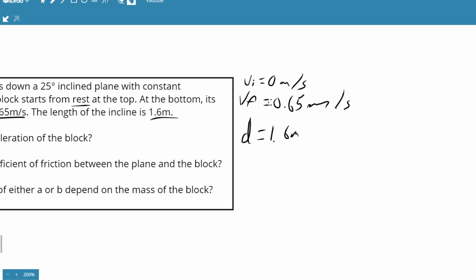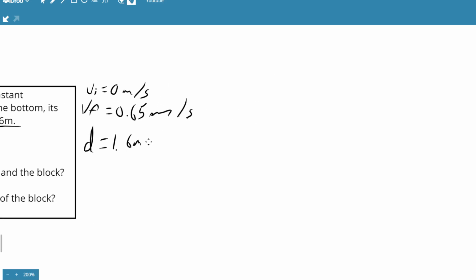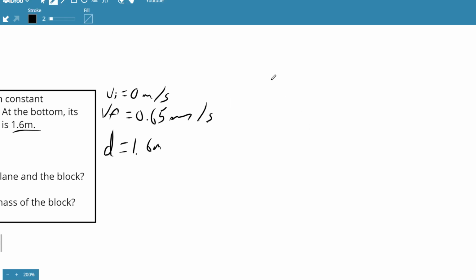So if we have Vi and Vf, we need to use the one kinematic formula, Vf squared equals Vi squared plus 2AD.